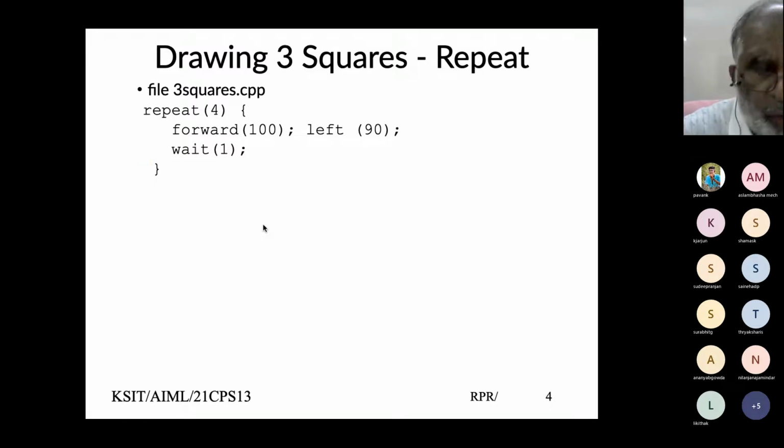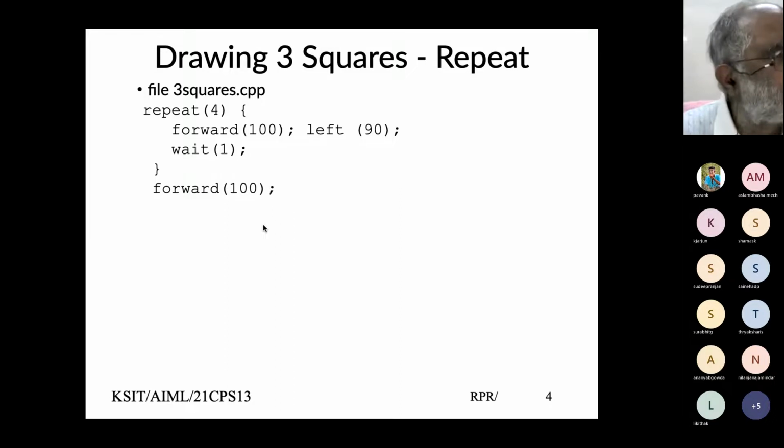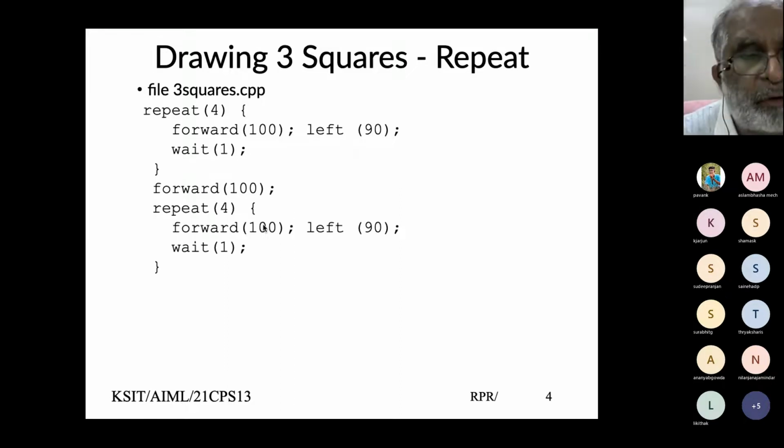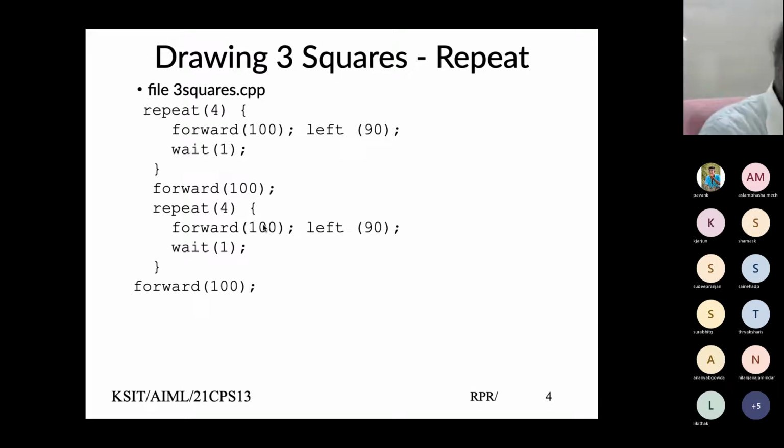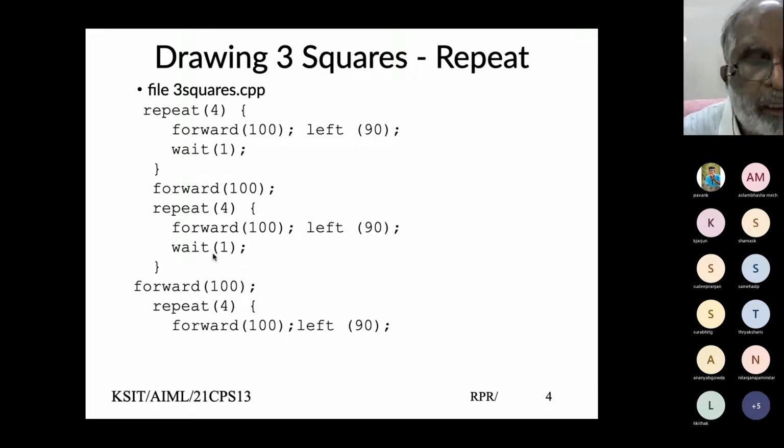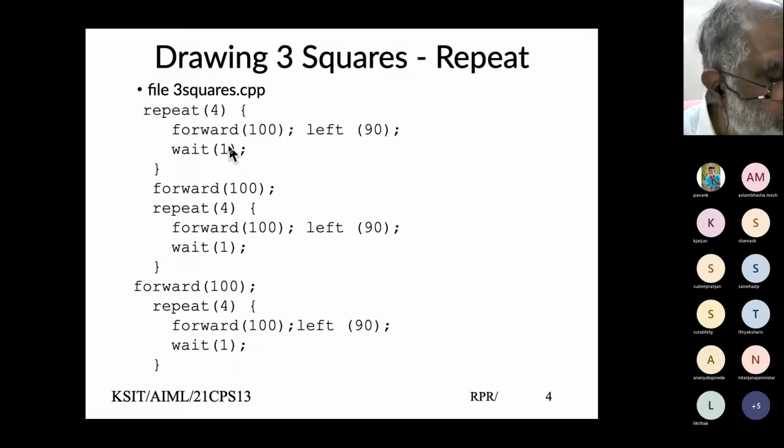Now I'll move one line 100 pixels so that I can see the second square. Then I repeat the same code 4 times, and then again I repeat the code 4 times. And this basically gives me 3 squares. Now, we are basically repeating this part, and there are two ways of dealing with this case.